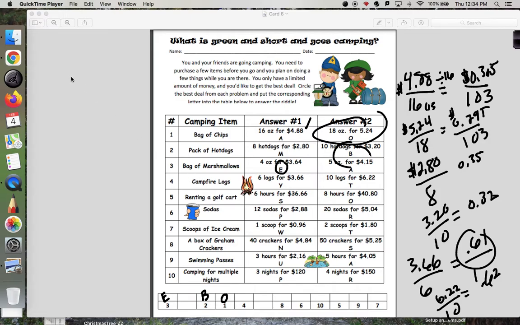Let's see, 3. And I'm realizing that I did 3.66 here instead of 3.64, so I'm going to fix that. This should be 3.64. So 3.64 divided by 6 is equal to 60.